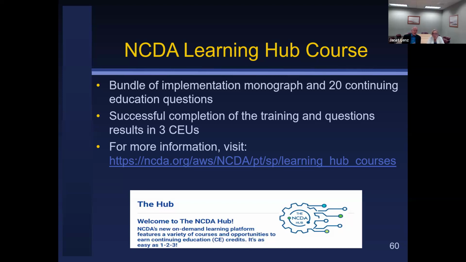There is a 1 CEU credit for this webinar, but there's also a course now that we're just about ready to go live with, where you get the monograph itself, and you take questions, I think 20 questions, at the end of reading the monograph, and then you get 3 CEUs for that.